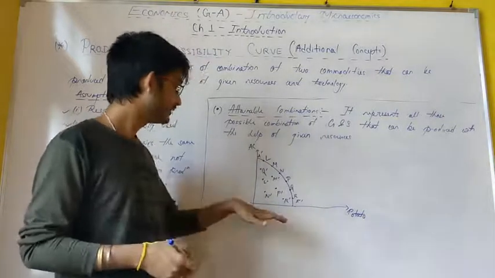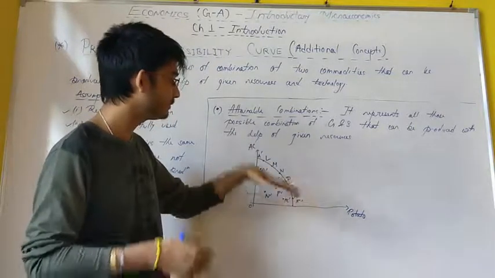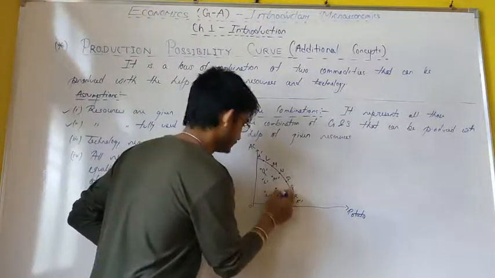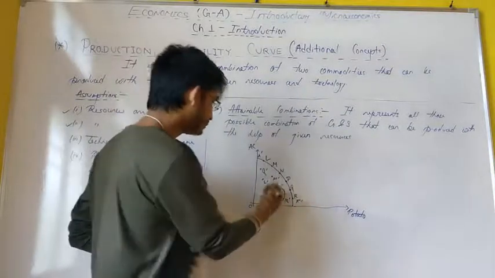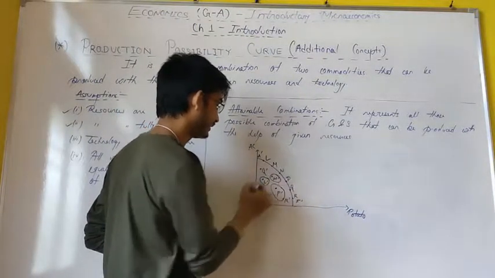So hence the production possibility curve will be this A dash, F dash only, but the production point will be somewhere here. Say suppose at P dash, when there is some massive unemployment. It could be any point also, it could be L dash also, or F dash, or anything.